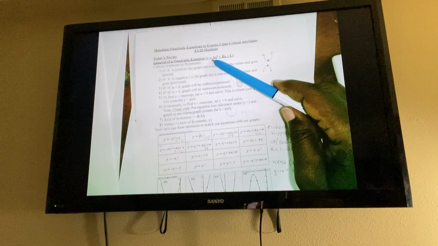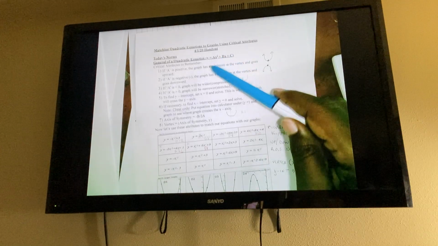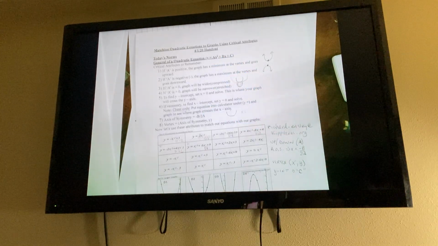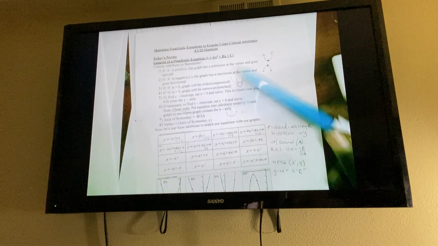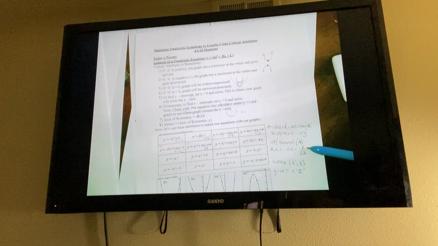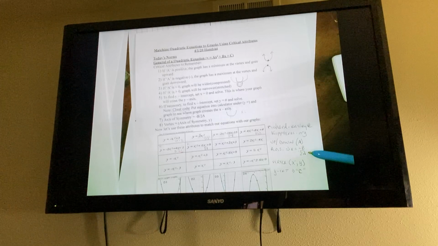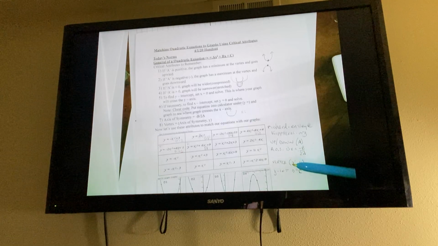If it's positive, our graph is going to be going up. If it's negative, our graph is going to be going down. Okay, then the axis of symmetry, to determine where our graph is split in half. The axis of symmetry, we use the equation -b over 2a. Then this equation will be in the form of x equals something, which goes right here.